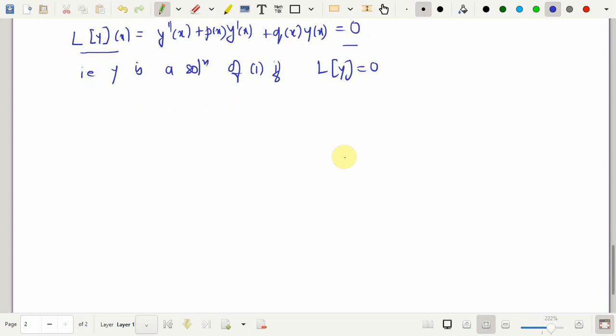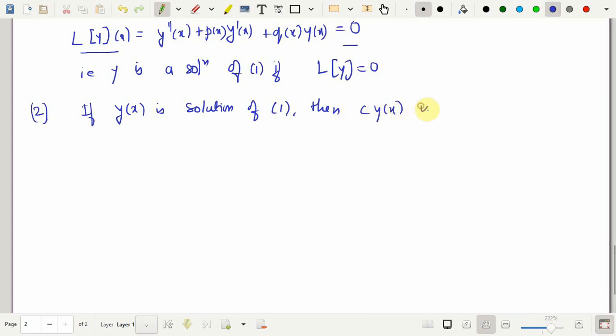Okay. So, the second thing to observe over here, from properties 1 and 2, is that if y of x is a solution of 1, then any scalar multiple of y, c of y of x, is also a solution of 1.